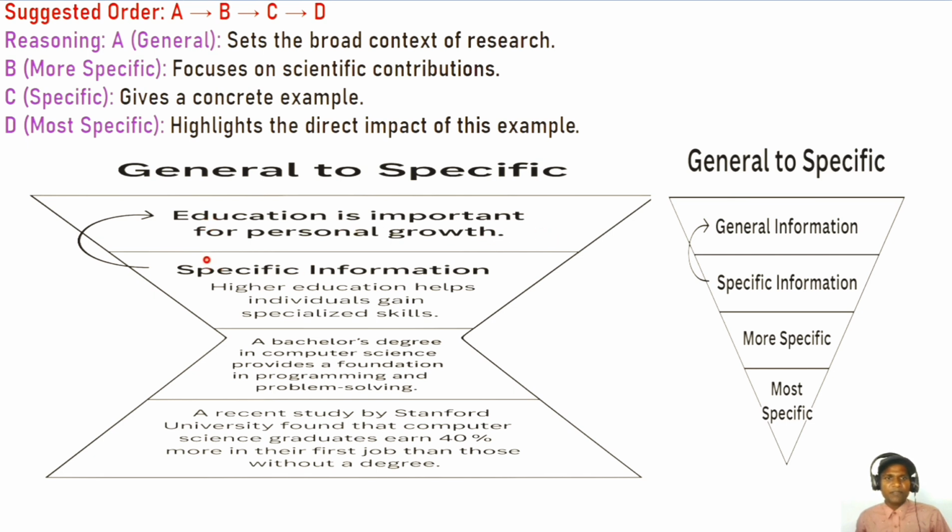Education is important for personal growth. This is the general information. Specific information: higher education helps individuals gain specialized skills. This is our specific information. More specific: a bachelor's degree in computer science provides a foundation in programming and problem solving.